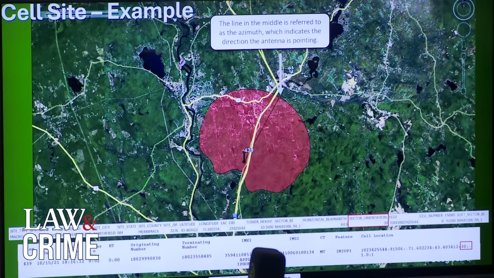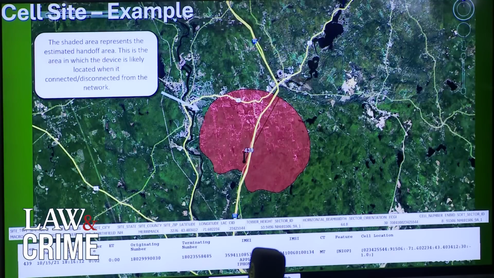There's a line that kind of goes up the middle there. That's called the azimuth. That's just basically the direction that cell site is pointing. These cell sites are pointed, and if you imagine like a clock, they're pointed at an orientation that's in degrees. And then the red shaded area, this is called the radio frequency horizontal plane.